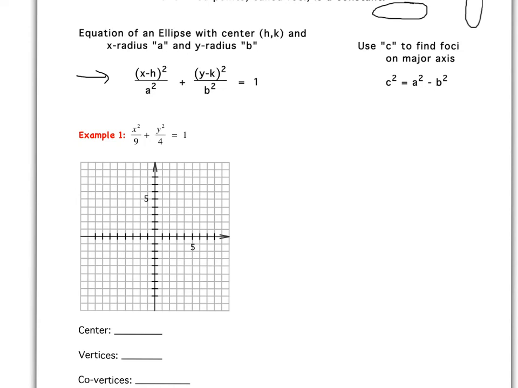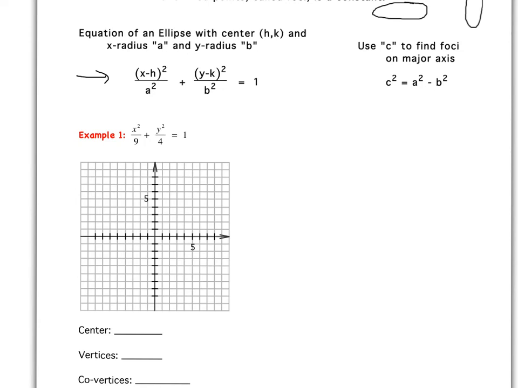If the major axis is on the horizontal, the a squared, or the major axis, will be under the x. The bigger number will be under the x. And if it's a bigger number under the y, then the major axis is on the vertical. And we'll see examples of each of these.